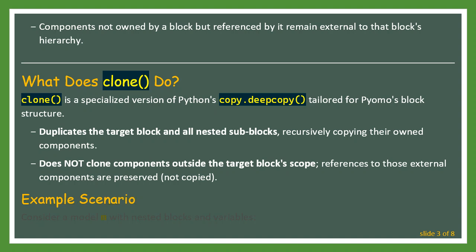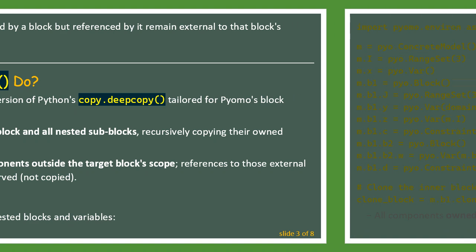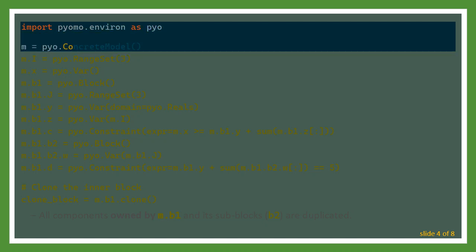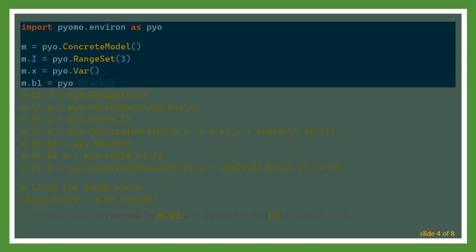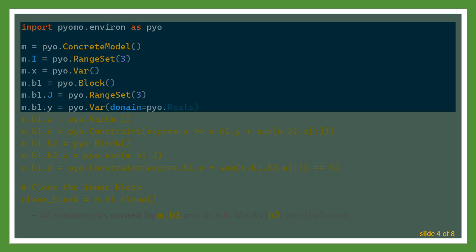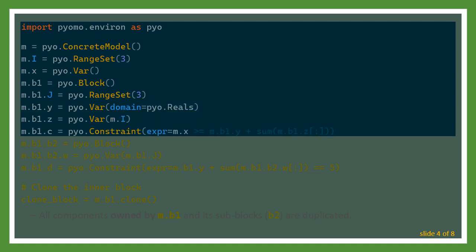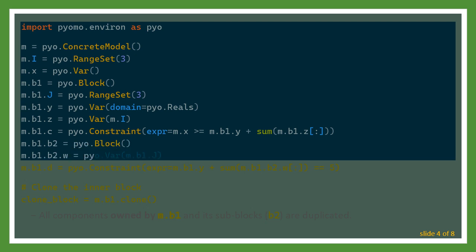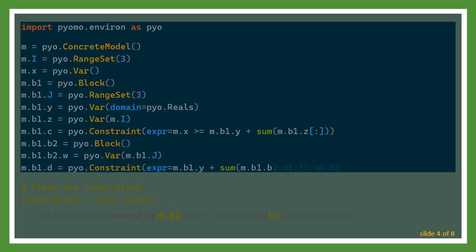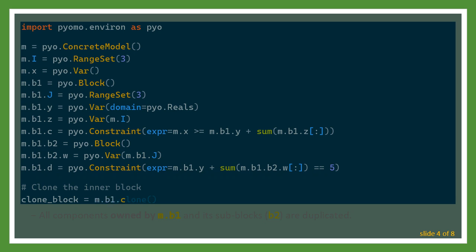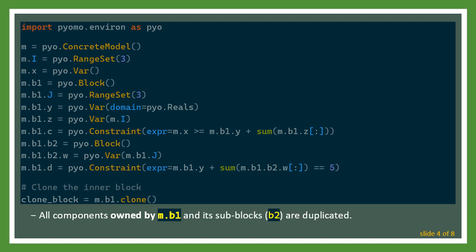Example scenario. Consider a model M with nested blocks and variables. All components owned by M.B1 and its subblocks, like B2, are duplicated.